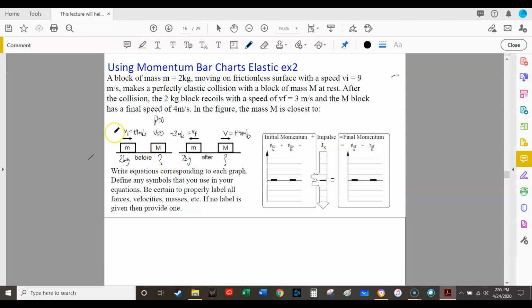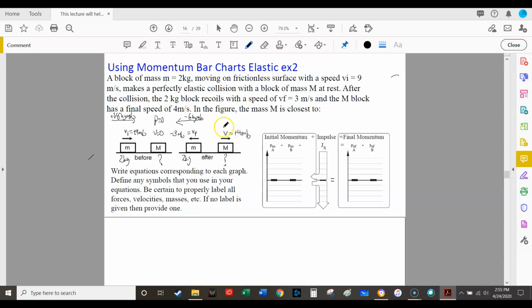We can do it. What I'm going to do is get the momentum of this 2 kilogram block, and so that's going to be 18 to the right, kilogram meter per second. This is going to be 0. After the impact, it looks like it's got a velocity vector to the left, and so its momentum is going to be negative 6 kilogram meter per second.